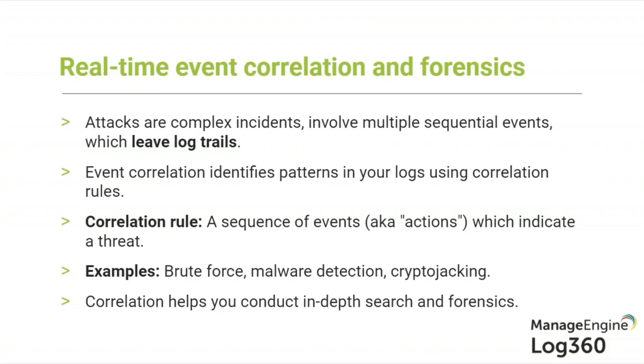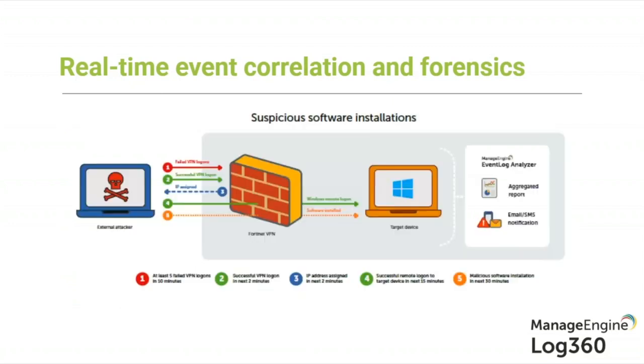But I'm just telling you that correlation is powerful enough to detect a wide range of attacks. And of course, it's not just detection, but with correlation, you can also conduct really in-depth forensic investigations. We'll see how that happens in some time.